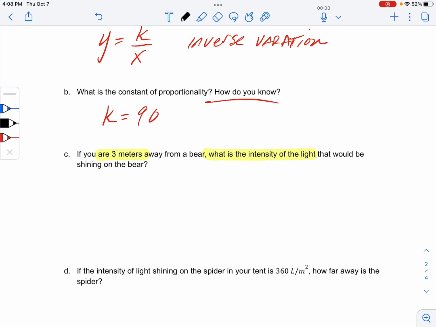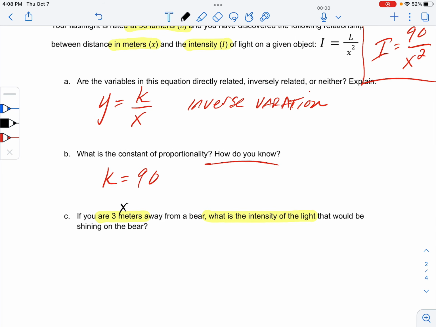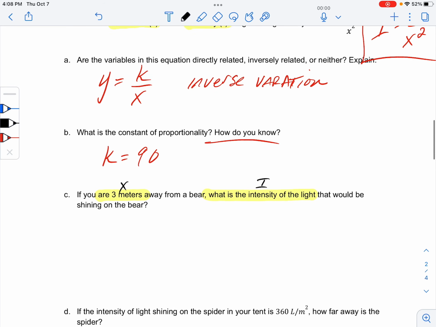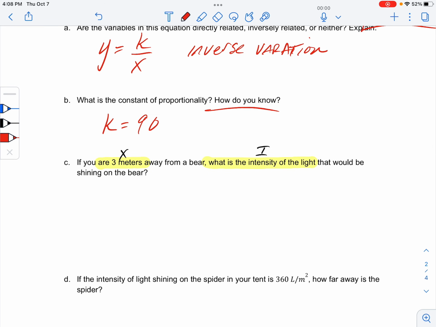So distance is our variable x, and intensity is our variable I. So we're given x, we want I. So we take our base equation, I equals 90 over x squared, and we're going to let x equal 3 because it tells us our distance is 3. So I equals 90 over 3 squared. So all I'm doing is replacing the x with the 3.